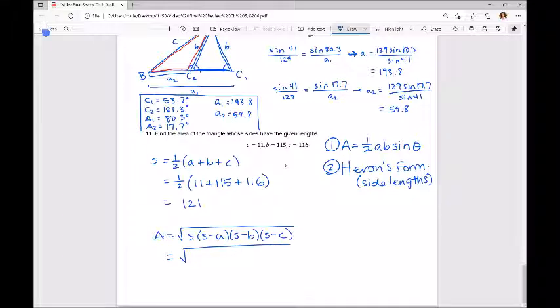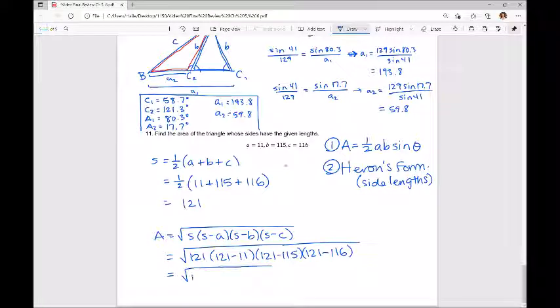So then I can use 121 for S in my area formula. So I'll have 121 times 121 minus 11 times 121 minus 115 times 121 minus 116. You could type this all in one step, but I'm going to go one step further just to avoid some careless errors. So this will be 121 times 110 times 6 times 5.